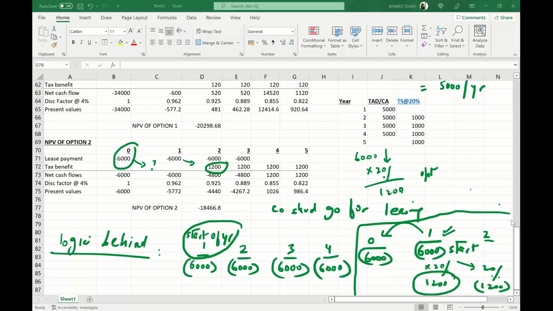You cannot use different discount factors at both places. Ahmed, the class will end when this question is over.